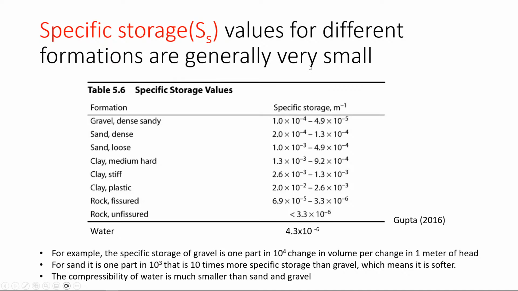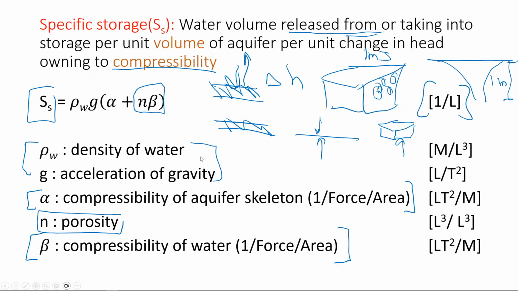Remember, specific storage has a dimension of 1 over L. You can think of this number as the compressibility of water, this part being the compressibility of water multiplied by g multiplied by rho water.